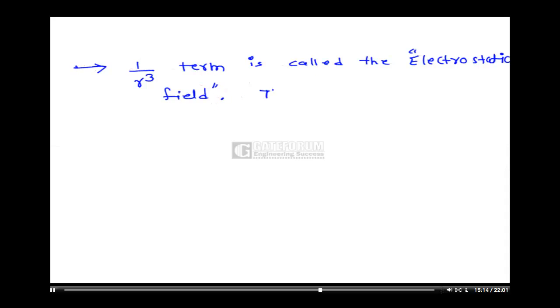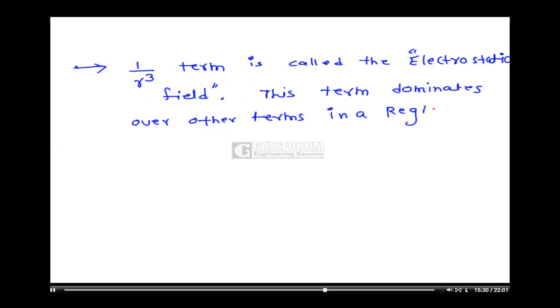This term dominates over other terms in a region very close to the dipole.